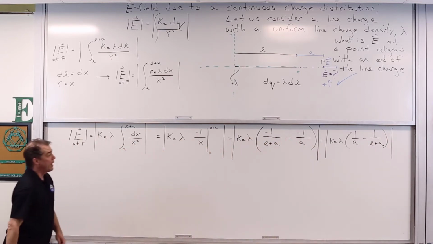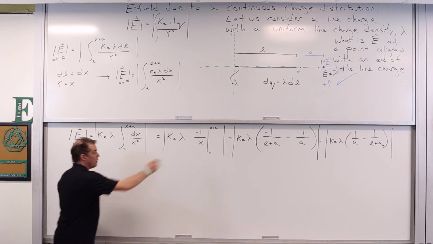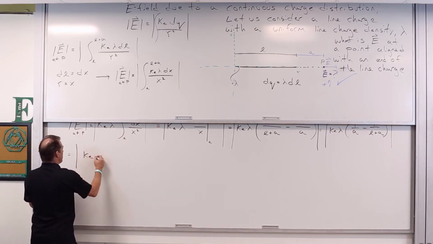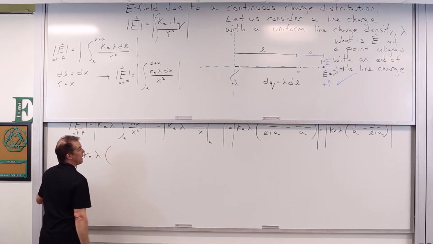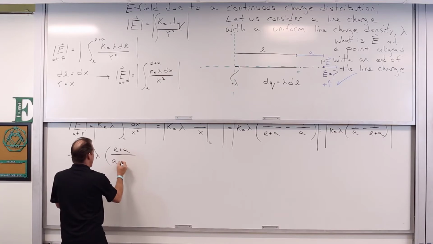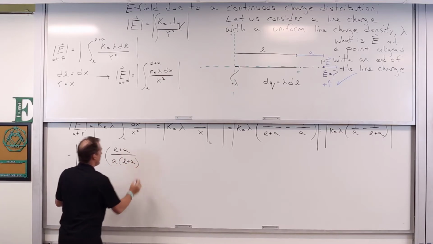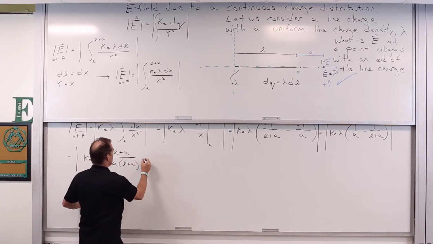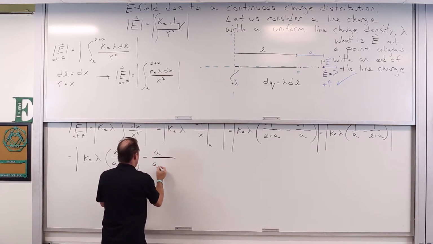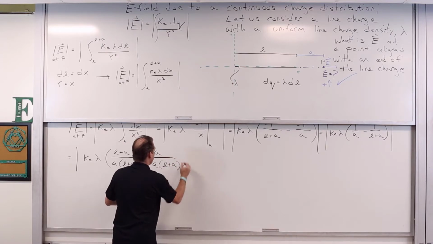And what can we do with that? Well, if we can get a common denominator between those two terms, we'll say that this then is equal to k sub e times lambda multiplied by L plus a divided by a times L plus a. Good. And then we do the same thing for the other side. We've got a divided by a times L plus a.